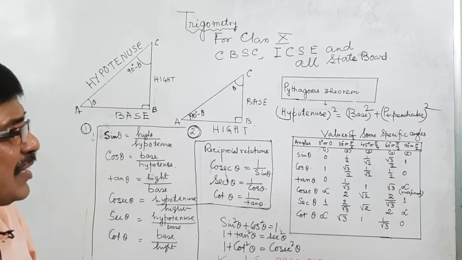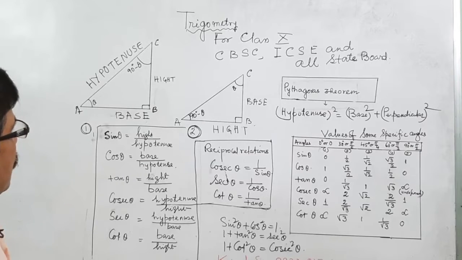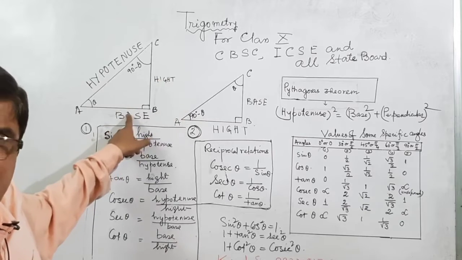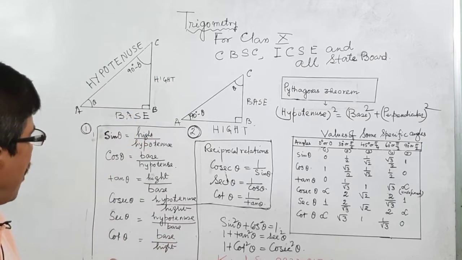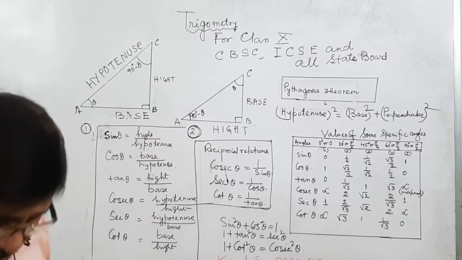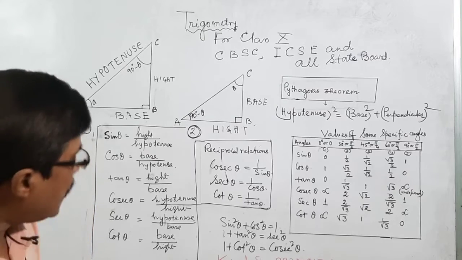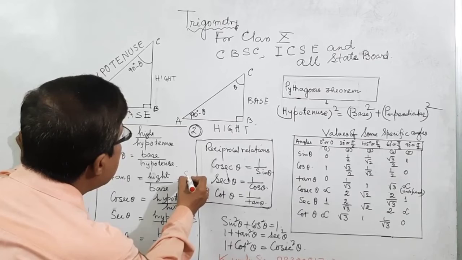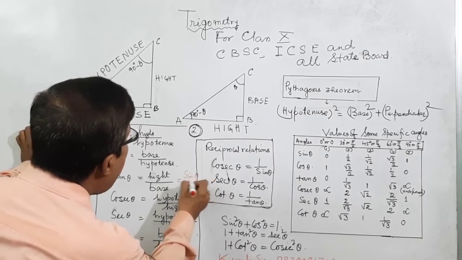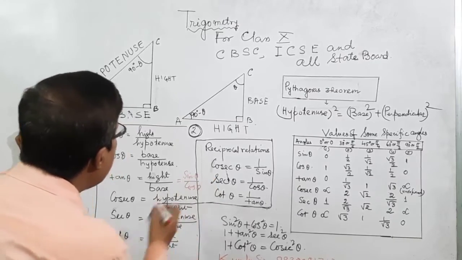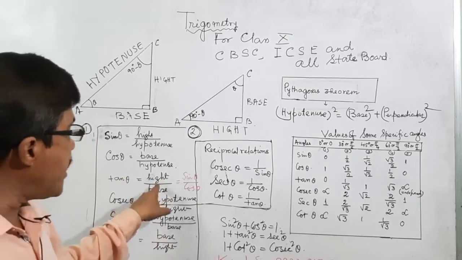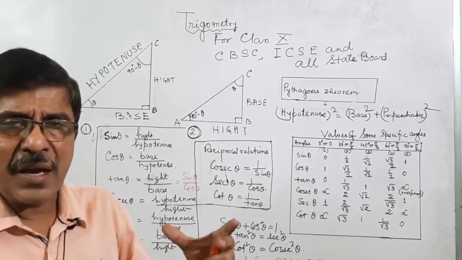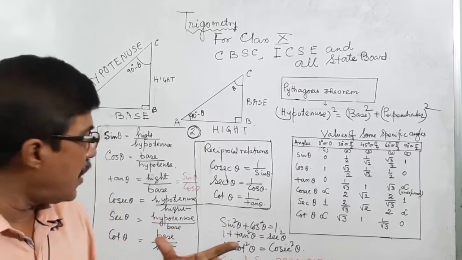What is tan theta? Tan theta equals height by base, or you can find that tan theta equals sin theta upon cos theta. Ultimately we get height by base as the ratio tan theta.